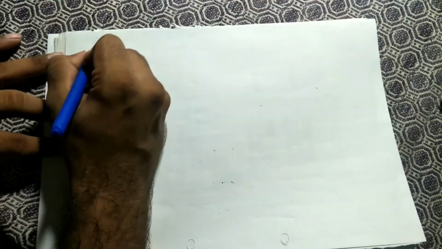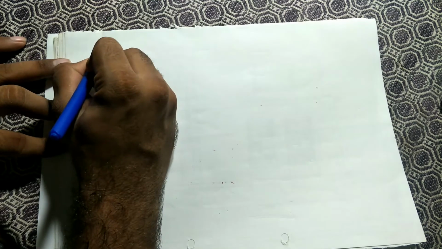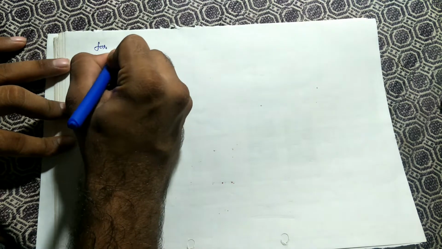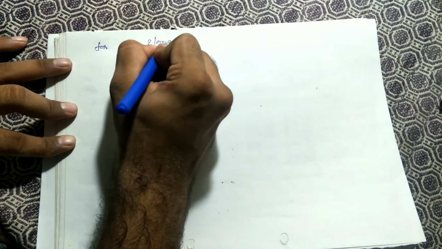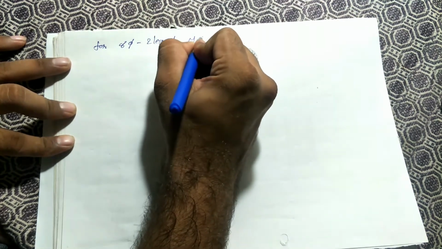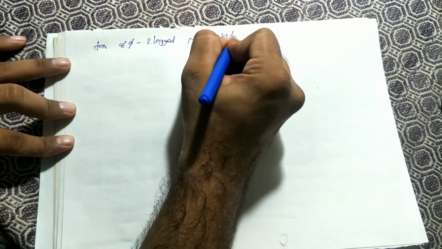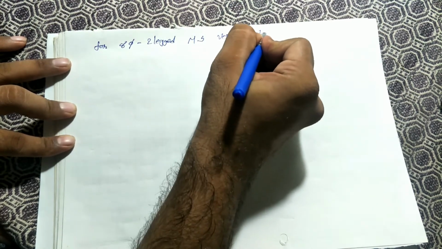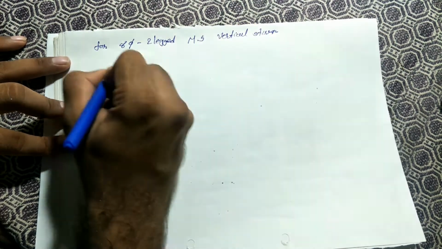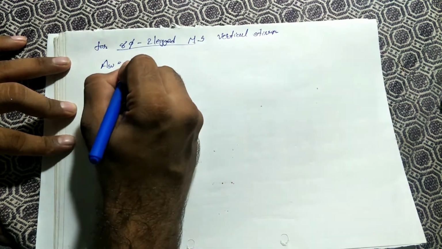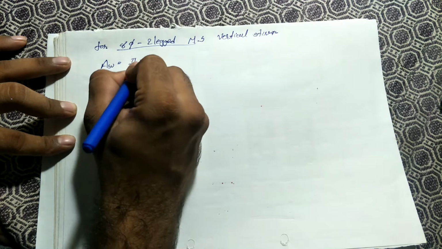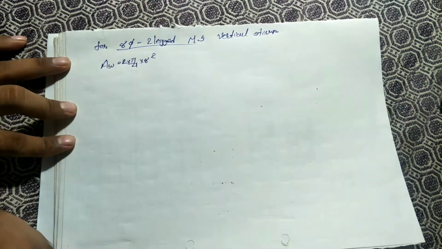Okay, so we can write that for 8 dia, 2-legged mild steel vertical stirrups, Asv, the area of that stirrup, is pi by 4 into 8 square into 2.